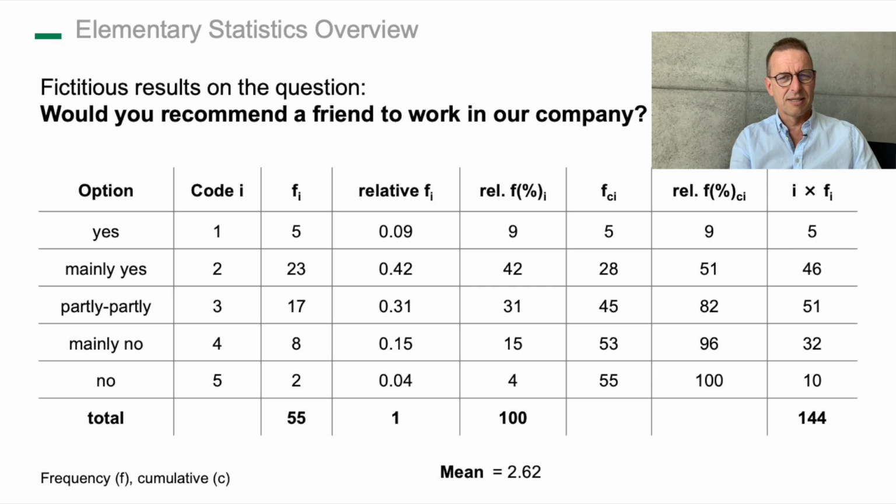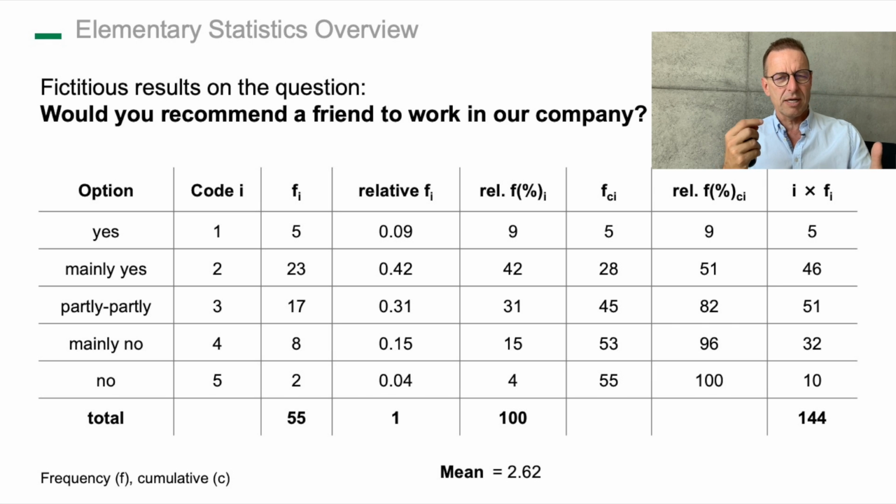What does that tell us? That's already a cool number. I mean, it's an average. It reduces 55 numbers into one and tells you what we name in statistics the central tendency of all the numbers. So now you don't have to look at all the numbers. You just look at this number, 2.62.